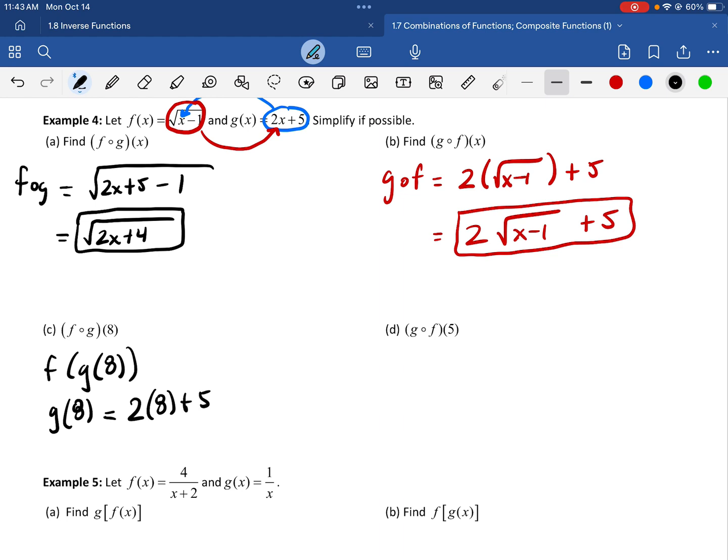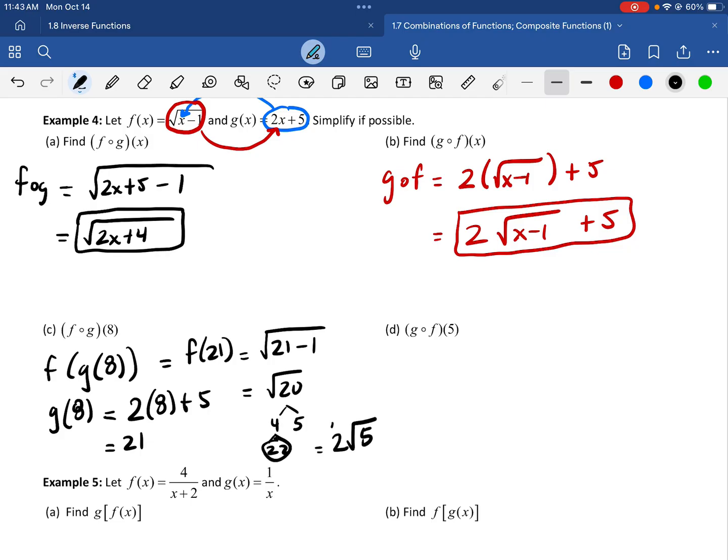So that's going to be what, 16 plus 5, so that's going to be 21. So now we're going to do f of 21. So let's see, 21 minus 1, that's going to be square root of 20, which I believe we can simplify back to from the first test. And this is going to be 2 square root of 5.